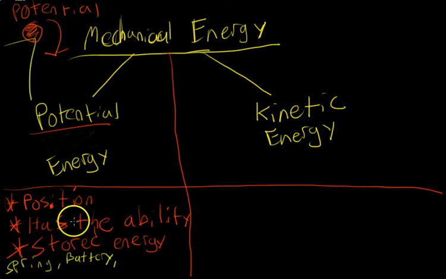And then another good example would be food. Let me draw. I'll draw a pizza. I don't know why I made it green, but it's okay. So food has all these molecules in here floating around, and these molecules hold energy in their bonds.